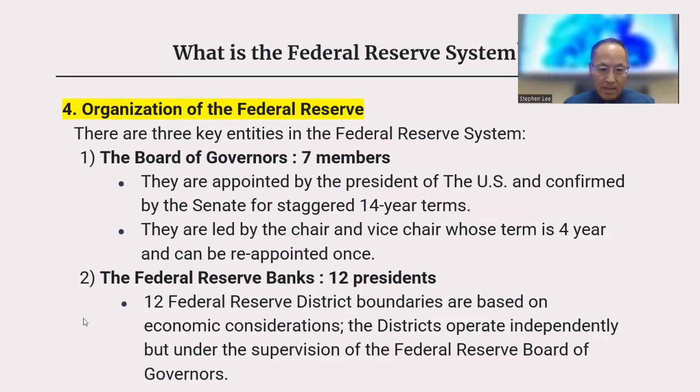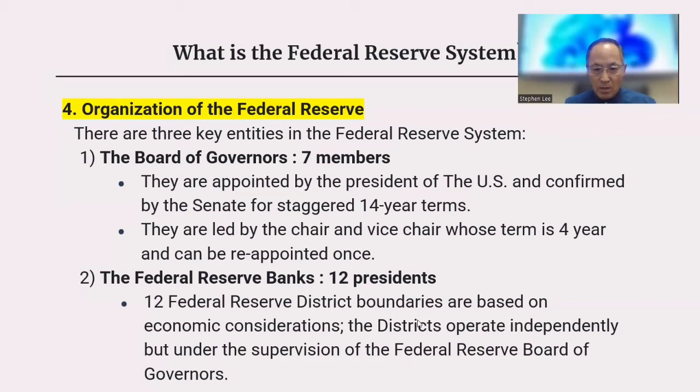And the 12 Federal Reserve district boundaries are based on economic consideration. They are not based on population or the size of the area. The boundary is a little bit irregular, but it's based on economic consideration. The districts operate independently, but under the supervision of the Federal Reserve Board of Governors.